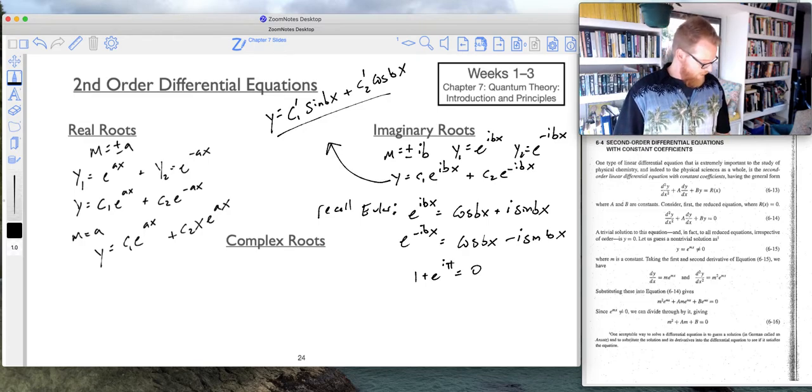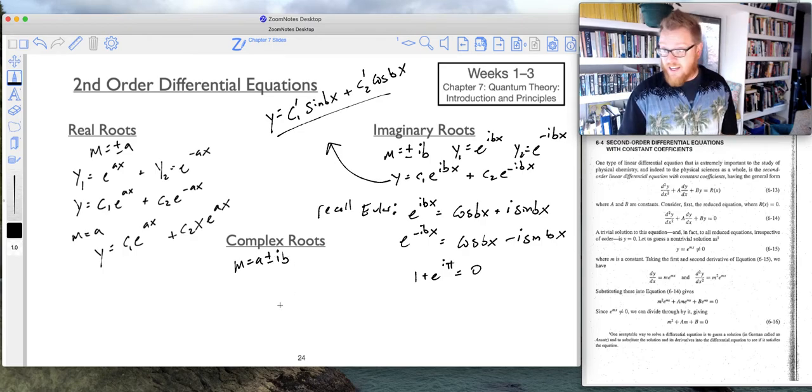And so finally, if we have complex roots, in other words m equals a plus or minus ib, and we now recognize that's a complex number.